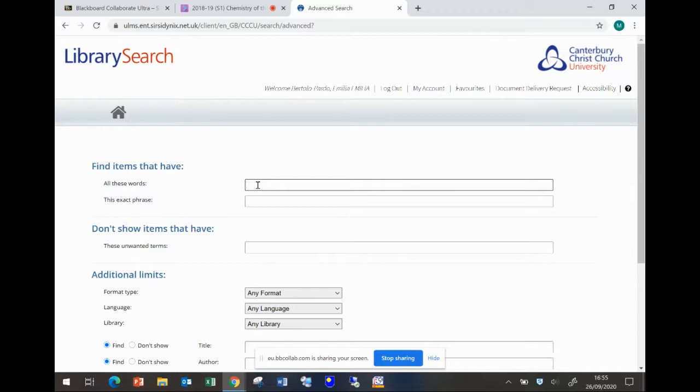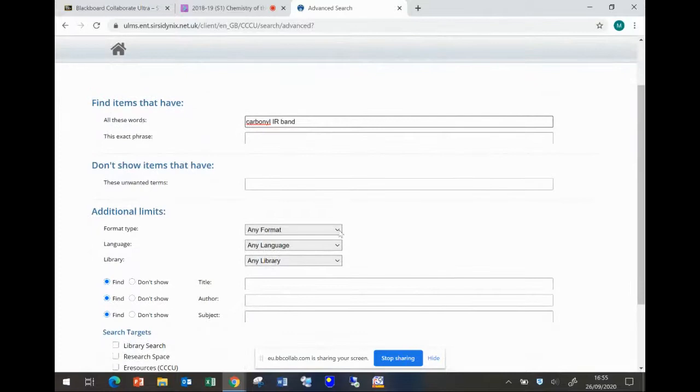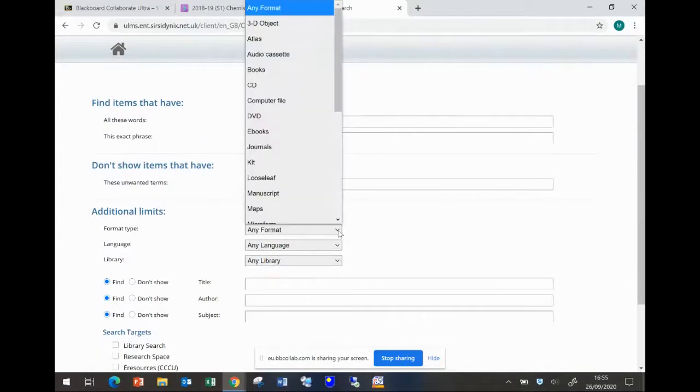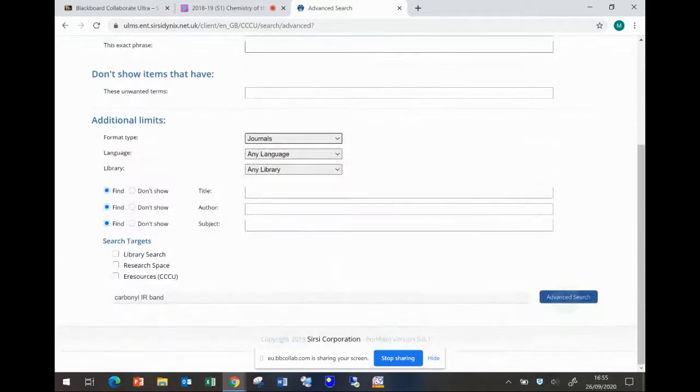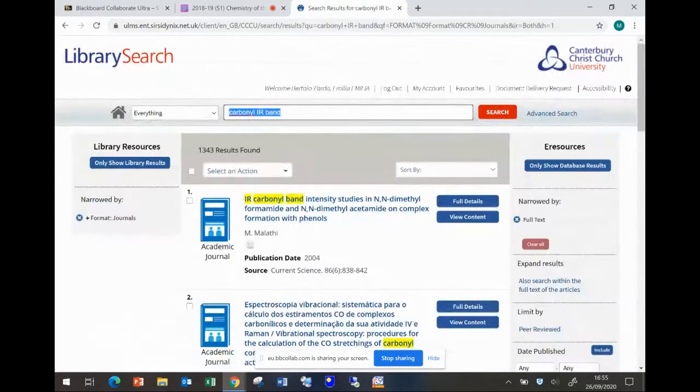So I try, let's say, carbonyl IR band. And the most important thing is that instead of any format, I don't want any format. I want specifically journals, scientific papers. So I click advanced search and I cross my fingers and hope for the best.